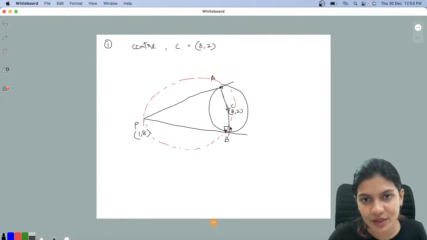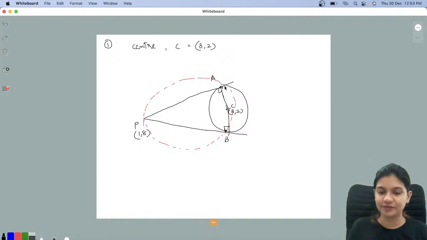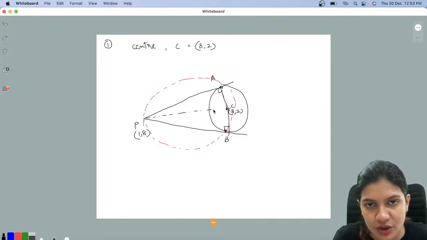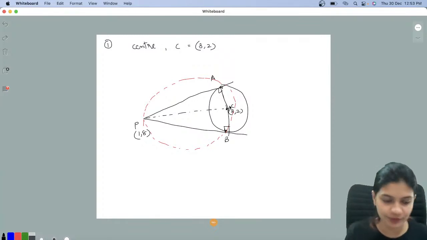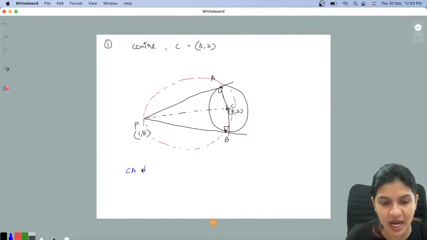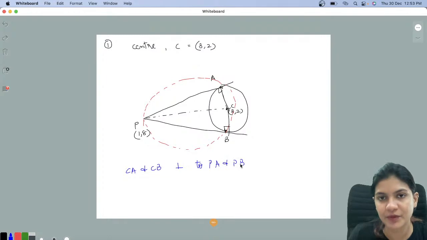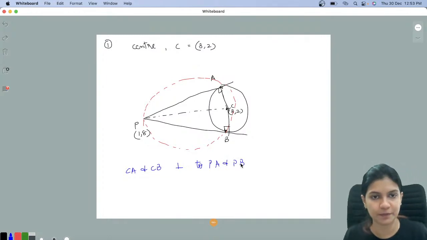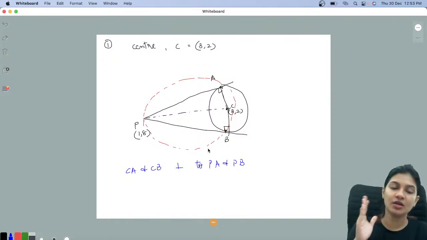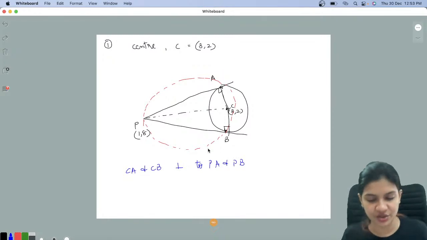Couldn't draw it with the pencil online in a perfect way. Anyways, the perpendiculars from C to A and B will be the radius, as we all know, from the center to the point of intersection of the tangent. And let me just join PC as well. Now since we all know that CA and CB are perpendicular to PA and PB, because the line joining the point of contact with the center is always perpendicular to the tangent.